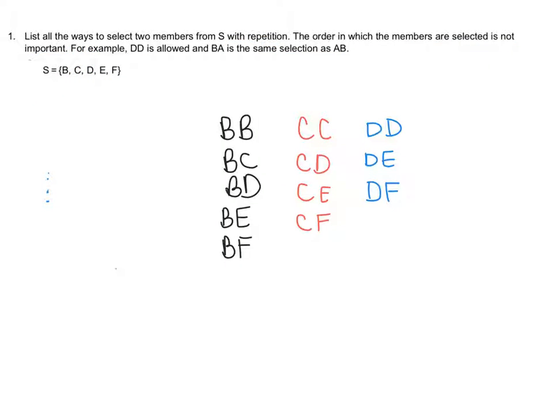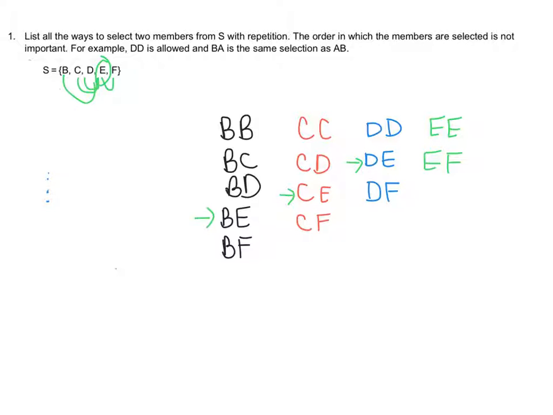Now we'll move on to member E. E can be paired with itself. We won't include ED, EC, or EB because those pairs have already been listed. But we can list EF.